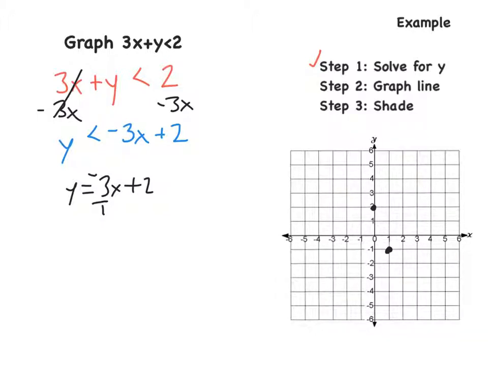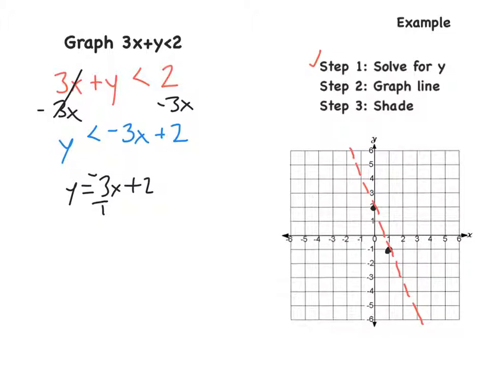We draw the line. Remember, since it is less than, not equal to, you have to draw a dashed line. This is showing that it's not going to be equal to anything on this line.